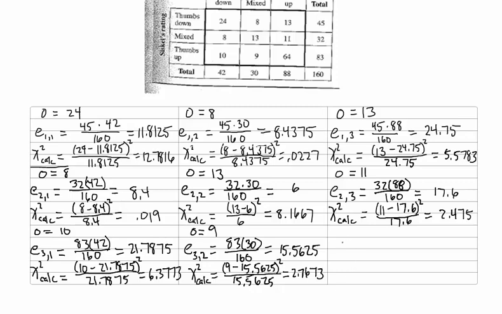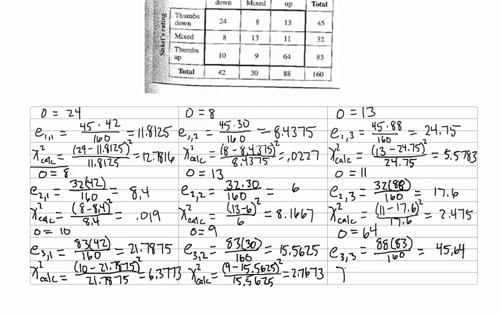And for row 3, column 3, we have an observed value of 64. We have an expected value of 88 times 83 divided by 160, which is equal to 45.64.